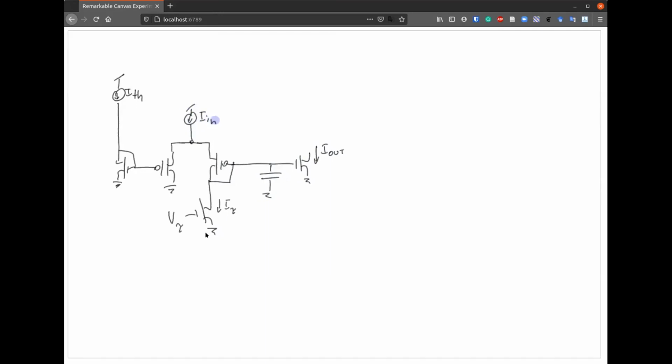So now this input could be replaced by what we had before here. This would be the pulse, and this would be VW. So it's just a shorthand for that.